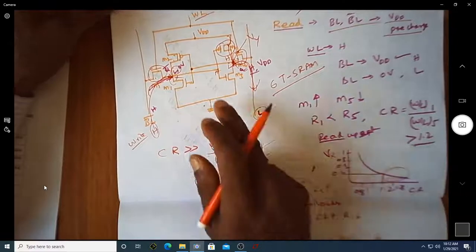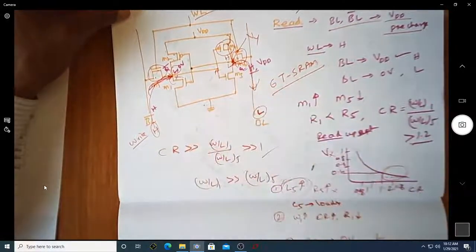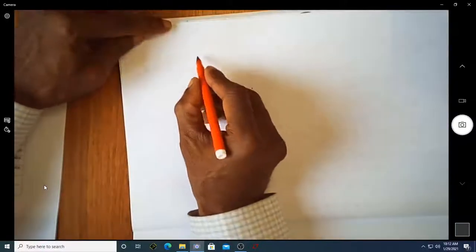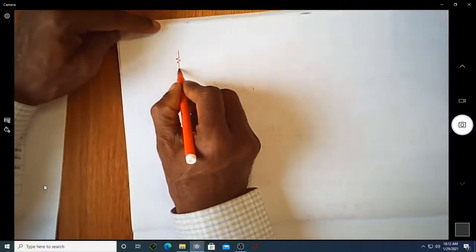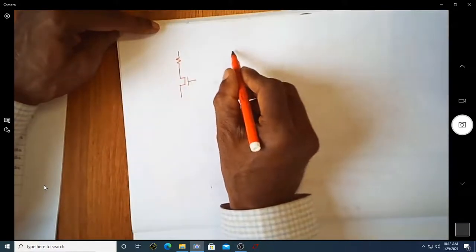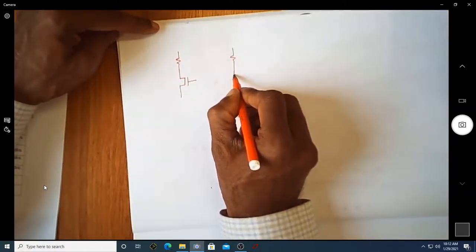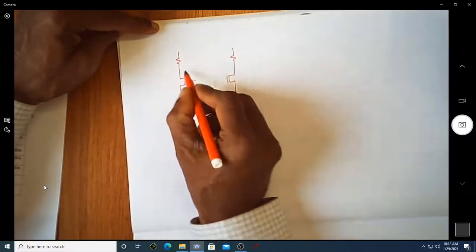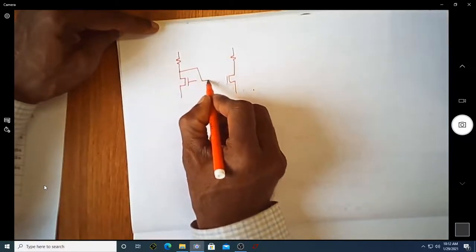In the improvised version of this SRAM, instead of having all 6 transistors, we can replace the pull-up transistors, which are PMOS, by simply resistors. Now what I have is something like this.